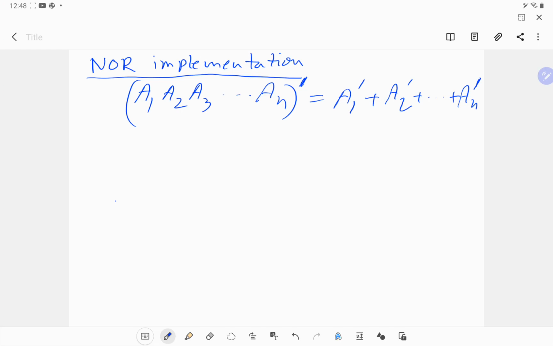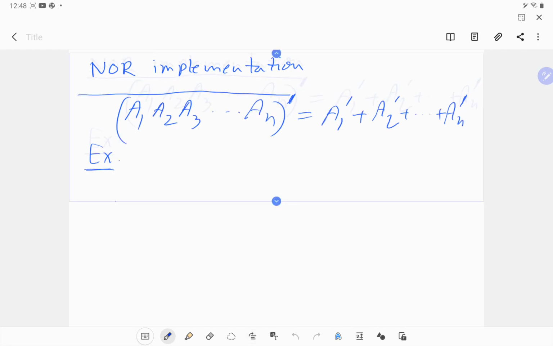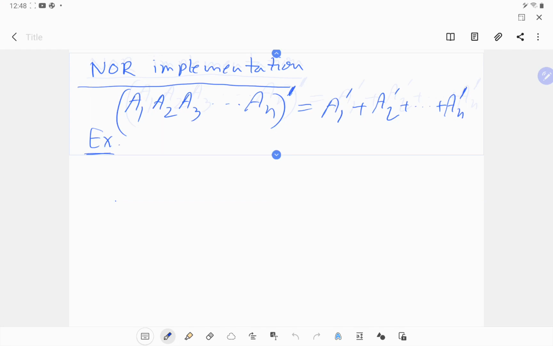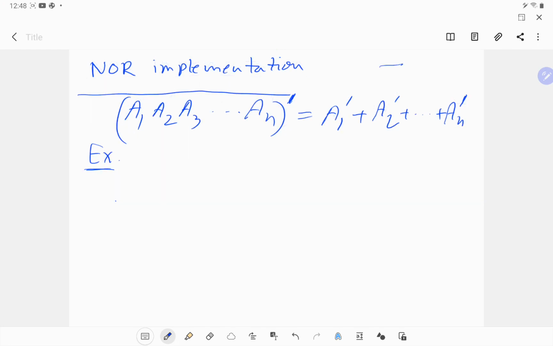Let's see this by using an example. The first example that we have, we are given a function, and the function is f equals AB plus C. In order to implement this function by using only NOR gates, we need to eliminate the AND operations.